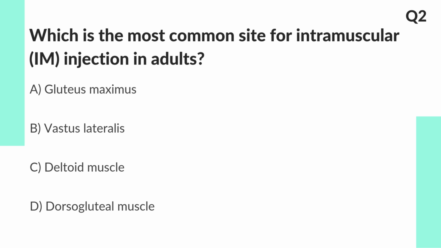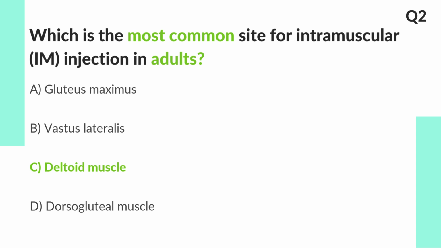So it's asking for the most common site. The most common is a keyword. IM is something which you can note, and also it's asking about adults, not children. All right. So you will soon learn why you need to have a look at the question very clearly before answering. So the answer is deltoid muscle.